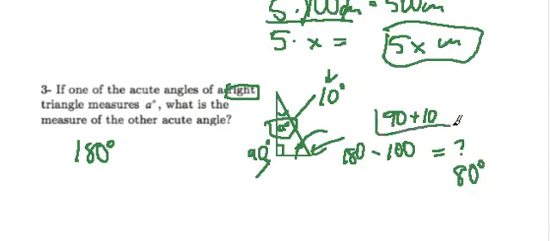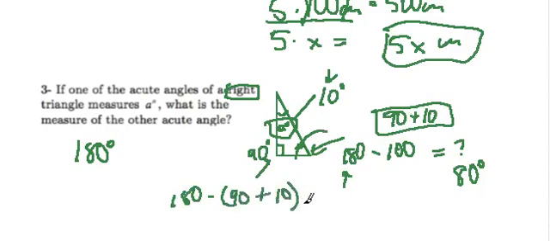So I added my 90 degrees and my 10 degrees together, and then I took that away from 180. I didn't write this out very well, but really what I did was 180 minus the quantity 90 plus 10 to get my answer. And remember, 10 was just my made up number.